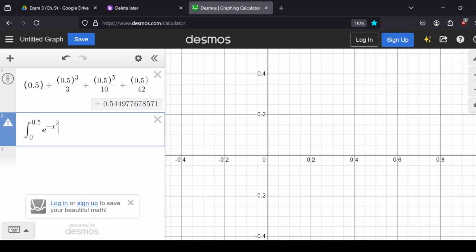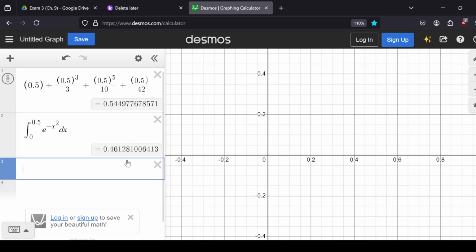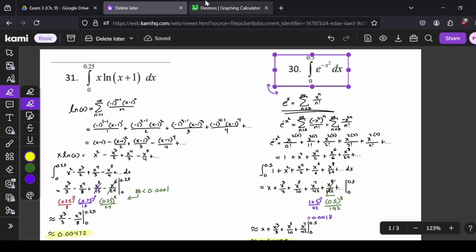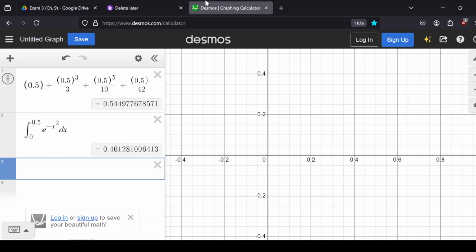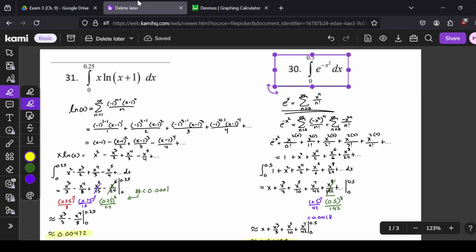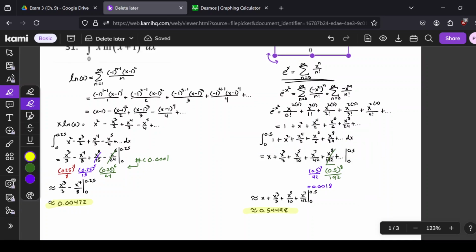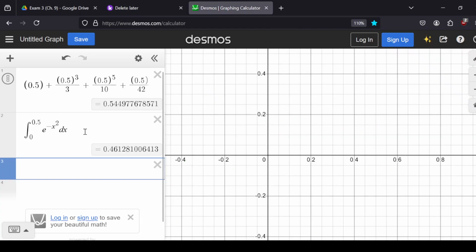Squared. It's not good. It's 0.1 off. That's really bad.